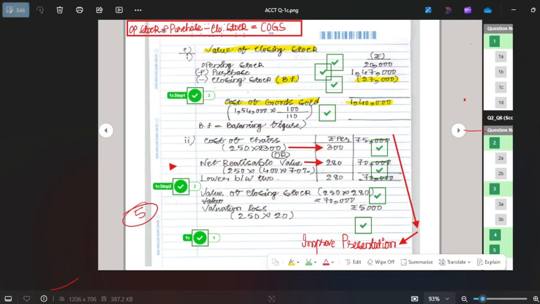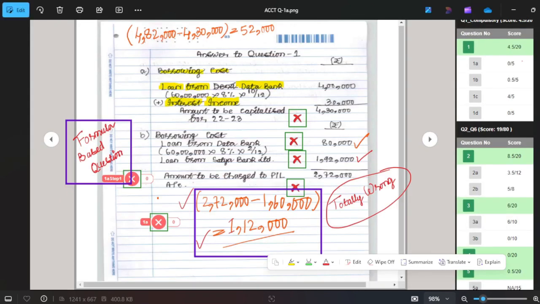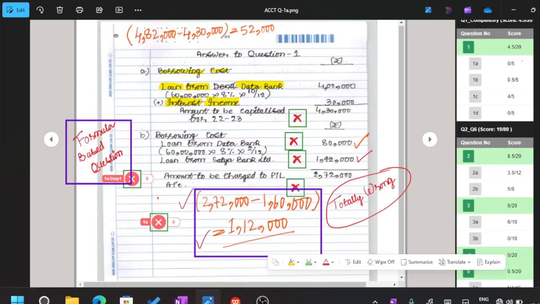And the solution of this particular question is this one. I solved it in a wrong manner, and that is why I got zero on this problem. The amount to be capitalized is 4 lakh 30, and the amount to be charged to P&L is 2 lakh 72,000.